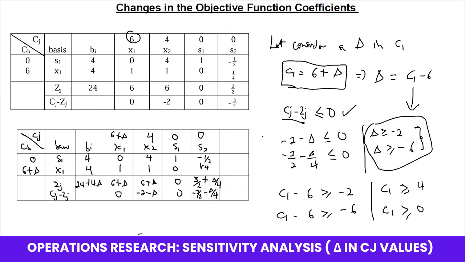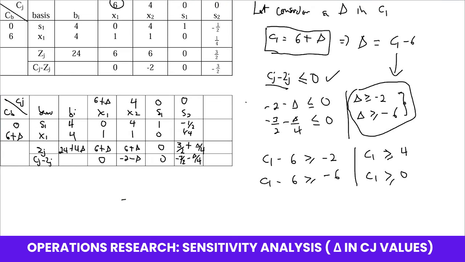So we have C1 greater than or equal to 4, and C1 also greater than or equal to 0. So combining the two ranges, we are going to have C1 greater than or equal to 4.